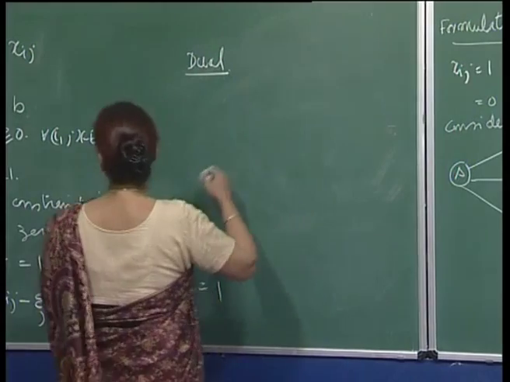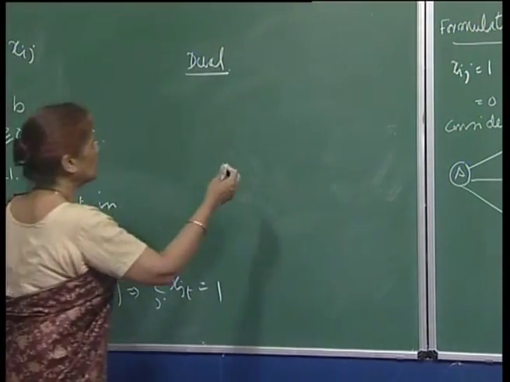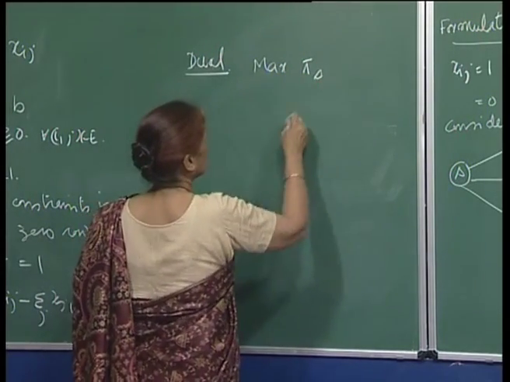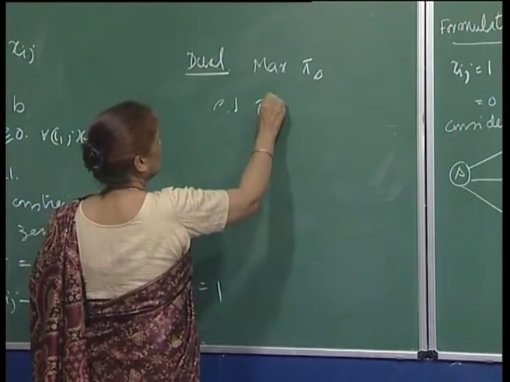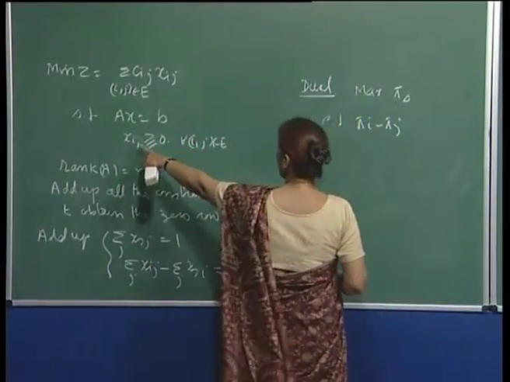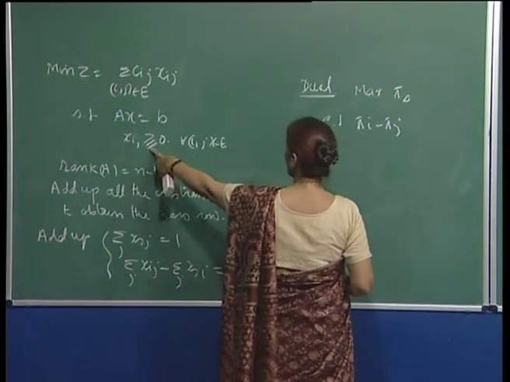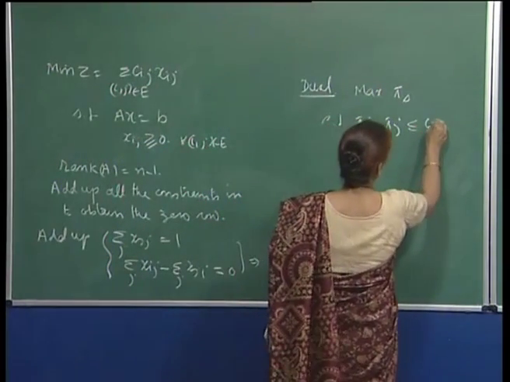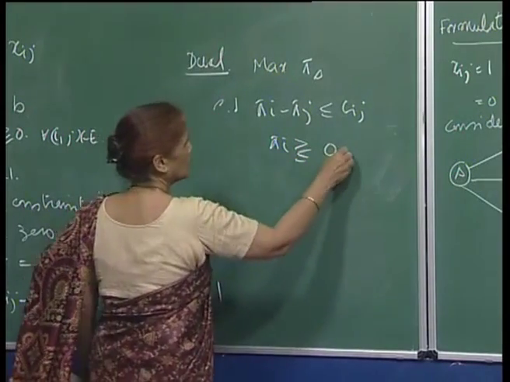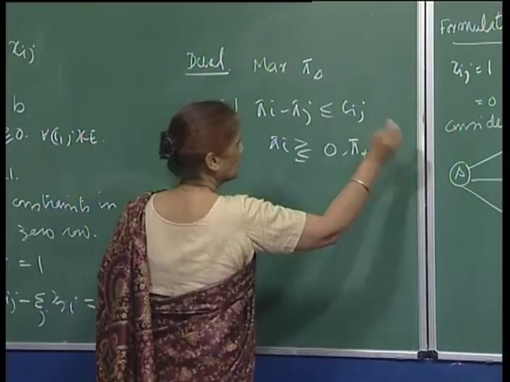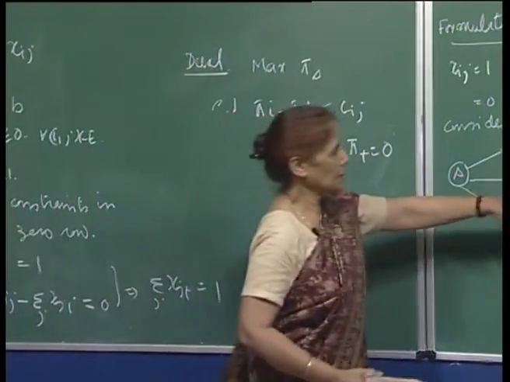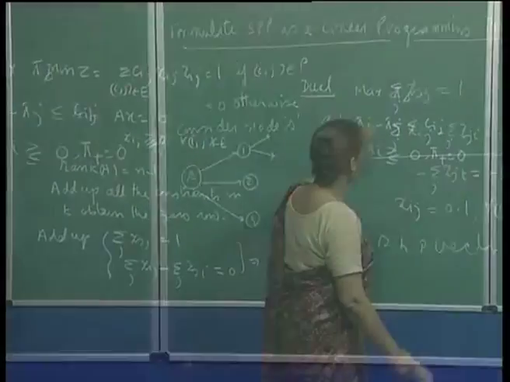If I associate the variables pi_i, the dual would be: maximize pi_s subject to pi_i minus pi_j less than or equal to c_ij, since the primal has equality constraints, the pi_i are unrestricted. I will also use the convention of keeping pi_t equal to 0, because we are not explicitly mentioning the last constraint. So, this is your dual problem.